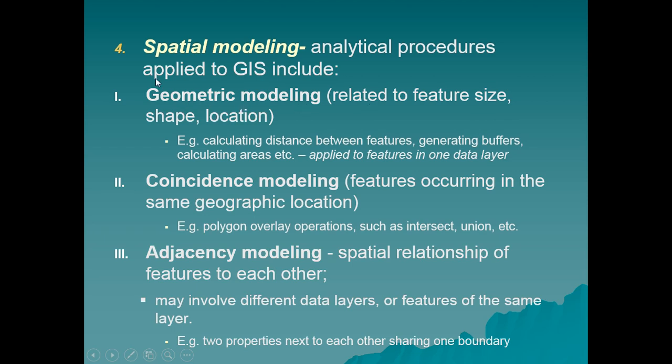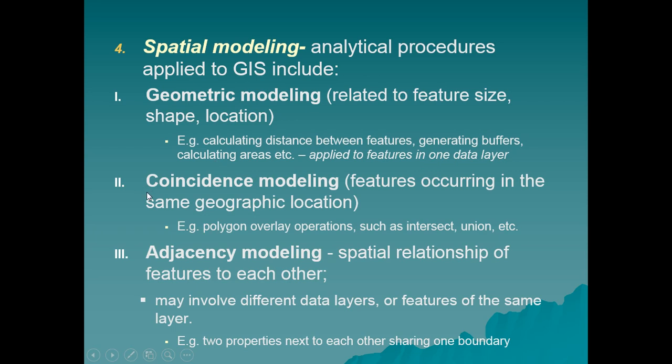When you see that word geometric, from the word geometry, it is always associated with the feature size, shape, and location. An example of that would be calculating distances between features, or generating buffers around features, or calculating areas of features. So what we have happening here are operations that are being applied to the various features within one data layer.